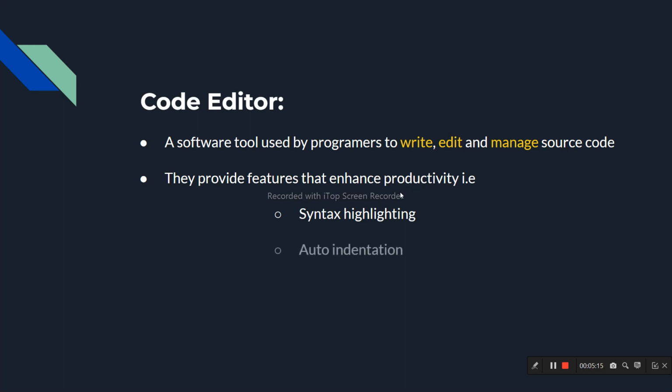Another thing that it does is auto indentation. Indentation means how code is arranged in lines. Let's say you're writing a function. How much space should you skip after writing the function head?